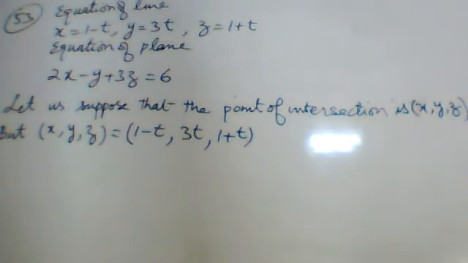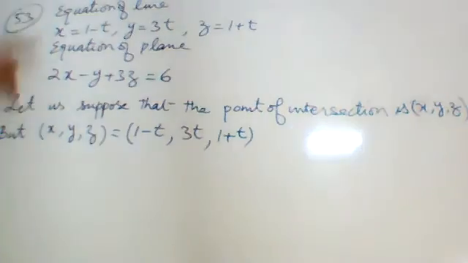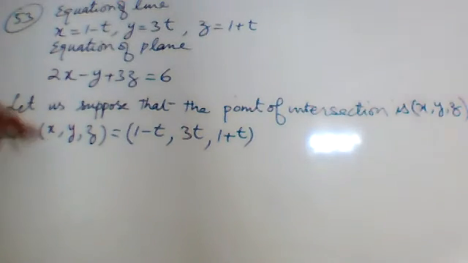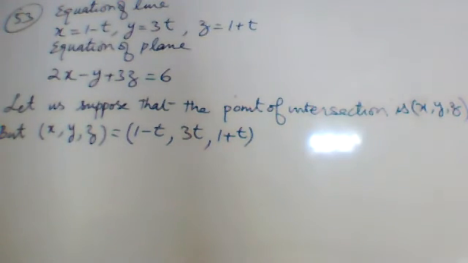This is the point of intersection of the plane and the line. Therefore, this is the common point, the common point of the line as well as the plane. So this point will be substituted in the plane, because the point of intersection always means the common point.